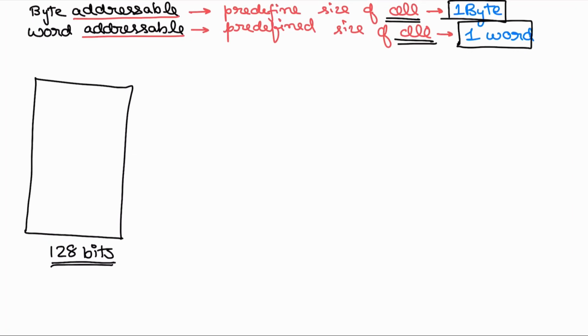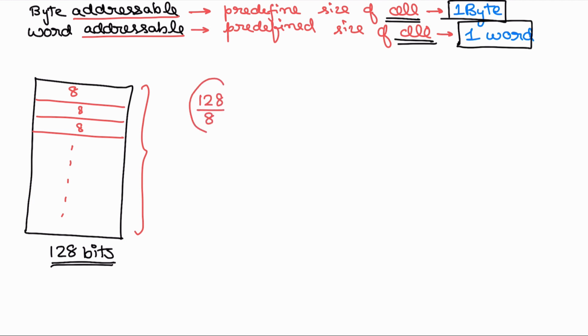What do you mean by byte addressable? That means each cell will have a size of 8 bits. That means there will be a total of 128 divided by 8, that is 16 cells, in this main memory.